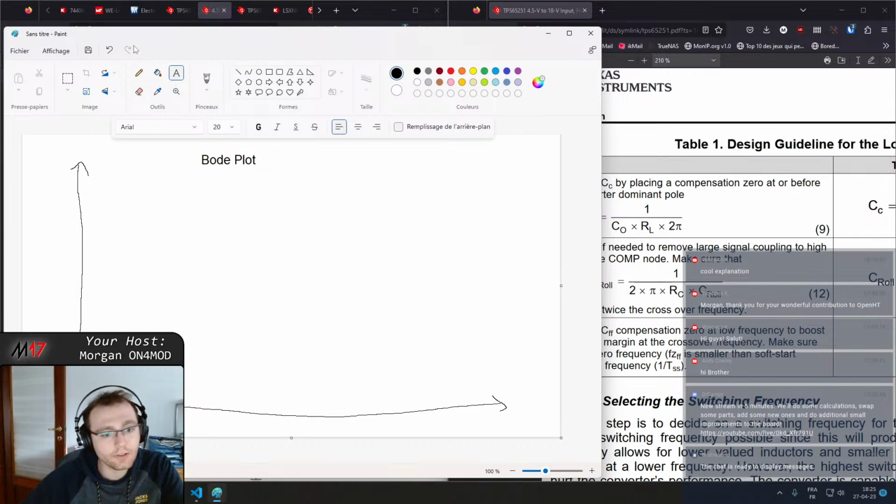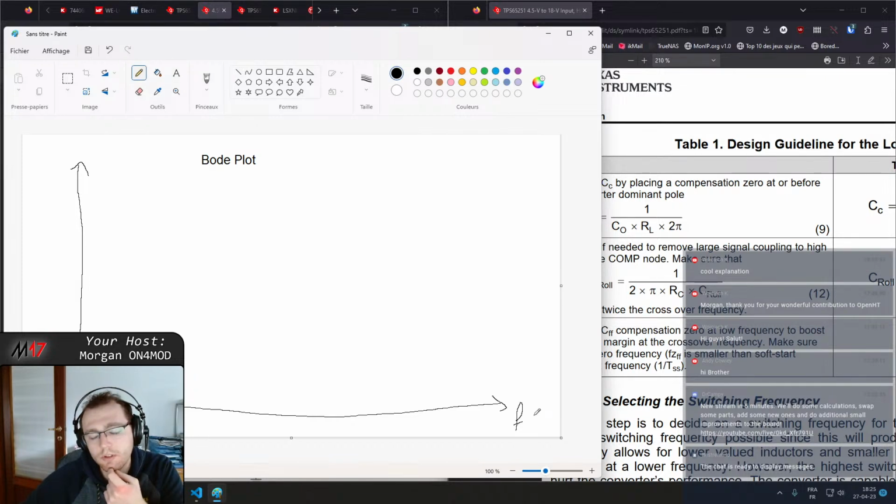Okay, and so on the x-axis is the frequency, and on here it's the gain, basically how much does the device or the system try to fix an error which happens at that frequency.